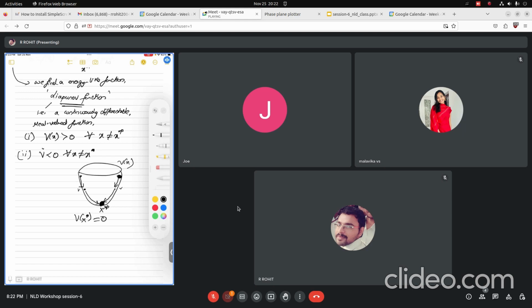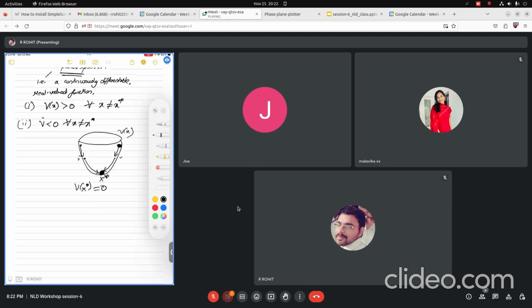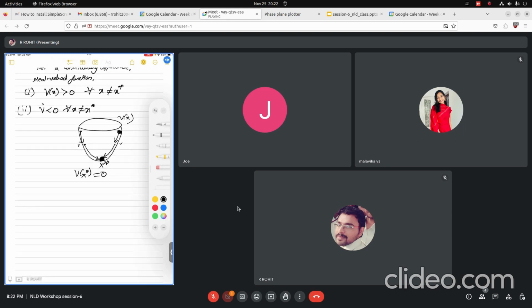So if your system has some Lyapunov function, then you can say that your system will not have any closed orbit, because it will not oscillate, it will eventually come to that stable fixed point. So this is one more method to say that there will never be any closed orbits present if your system has a Lyapunov function.